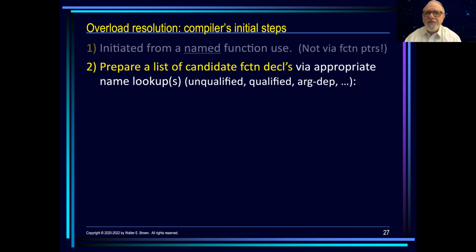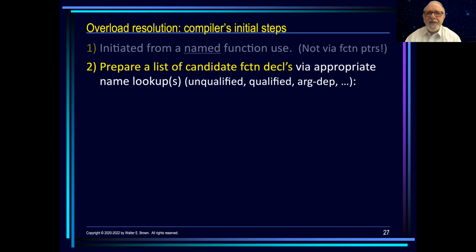And it gets those function declarations by doing appropriate name lookup, or more than one lookup. Any kind of name lookup may add a candidate to the list. It could be unqualified lookup, qualified lookup, argument-dependent lookup, and so on. Lots of different kinds of name lookup. Any one of them can add to the list of candidate function declarations that need to be considered.